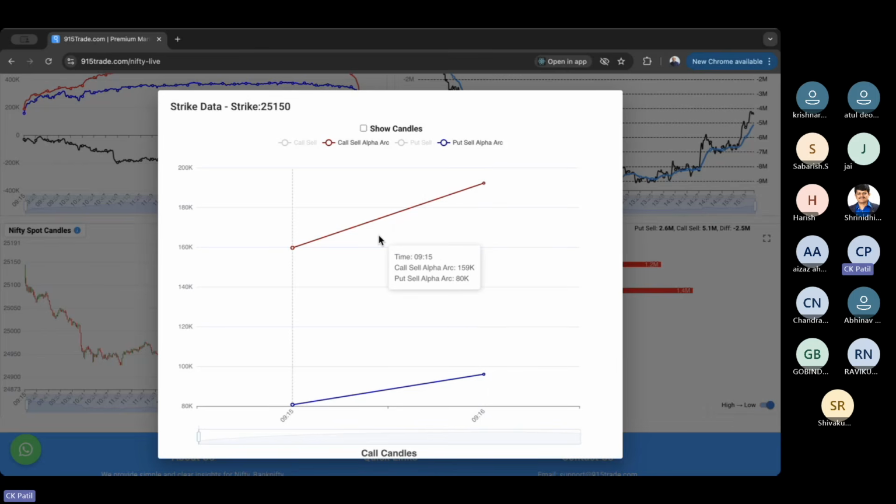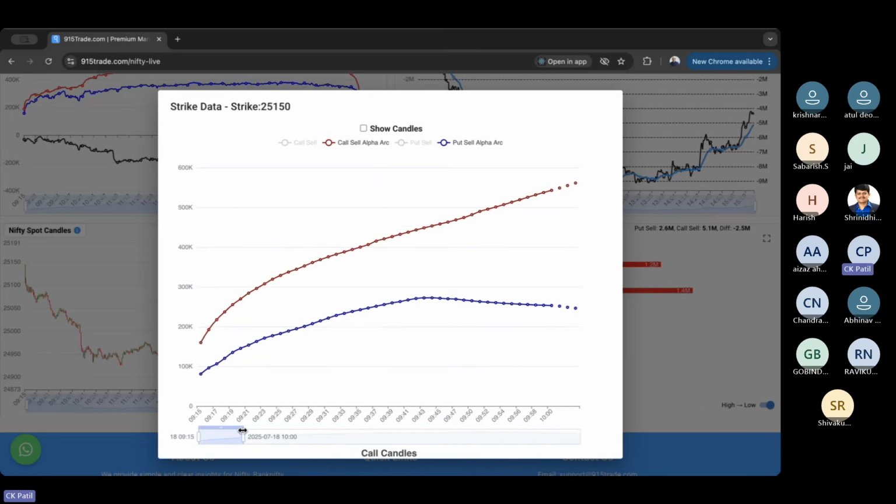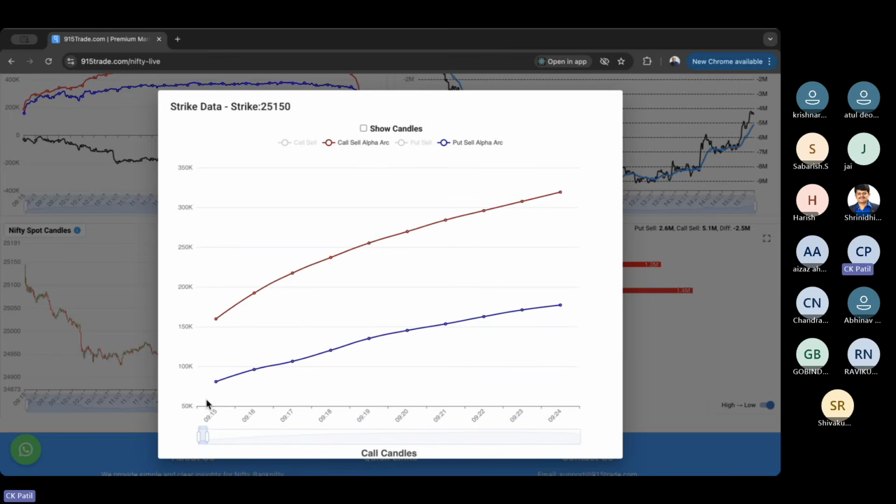If you want to take a position deep in the money, that's okay, right? Because 150 is there. If you want to sell, for example, 24,900 or 25,000, that's okay. But analysis has to happen always at the ATM strike. And at the ATM strike, calls are stronger, so you want to be on the call sell side. Since puts are at the bottom, if you want to be a buyer, be on the side of the one who is at the bottom.